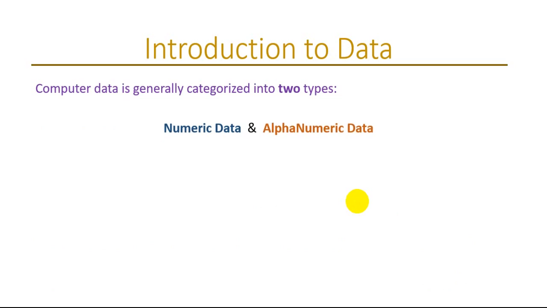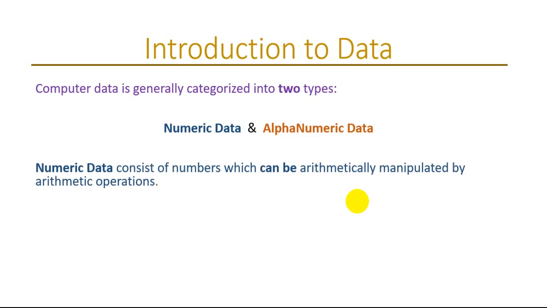Numeric data consists of numbers which can be manipulated by arithmetic operations. That means if you take 2, you can add 5 to it and the result will be 7. So you can do a mathematical operation with those data. Just look at these examples.